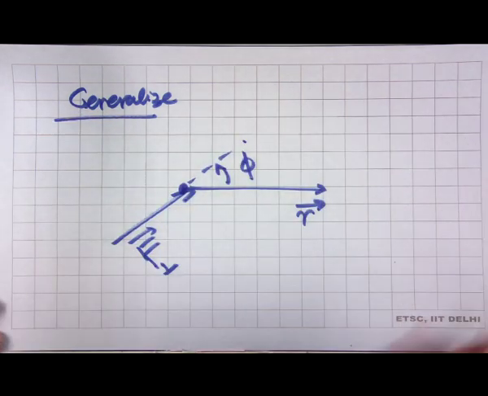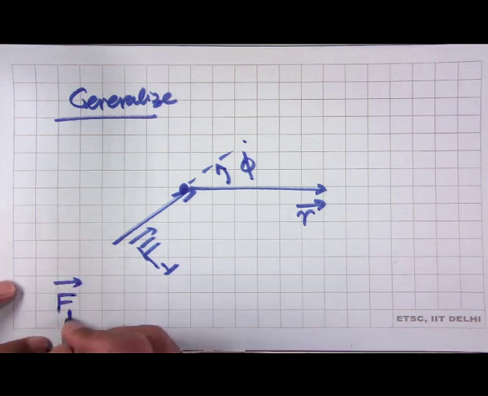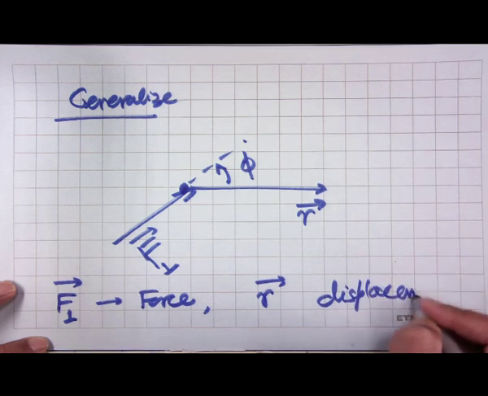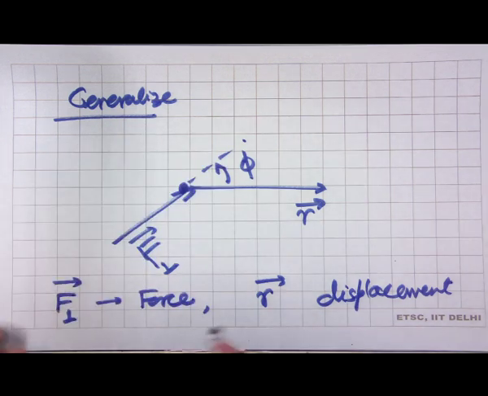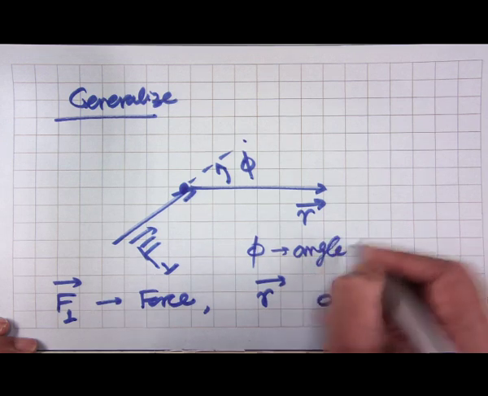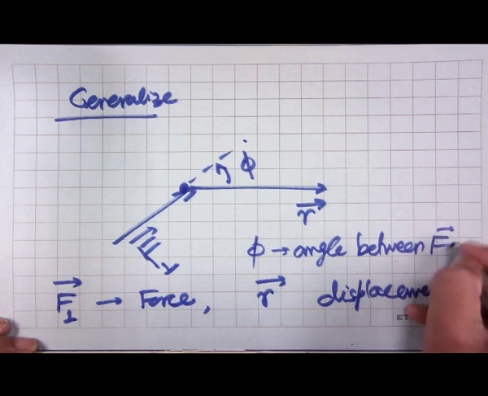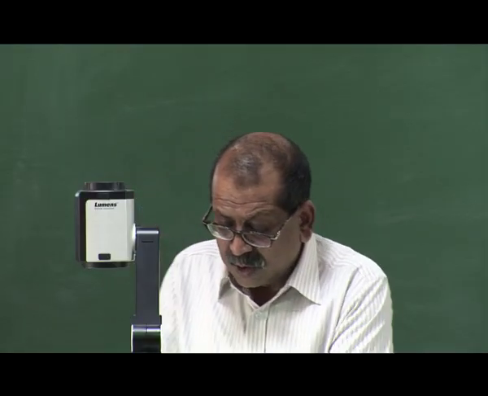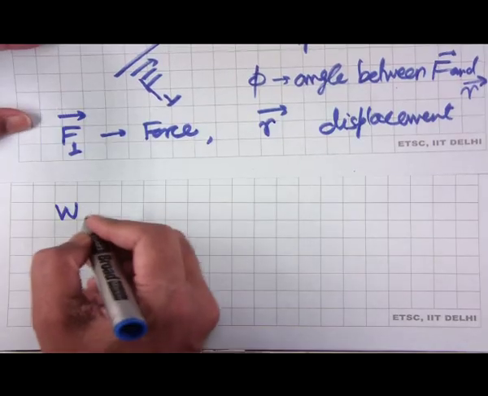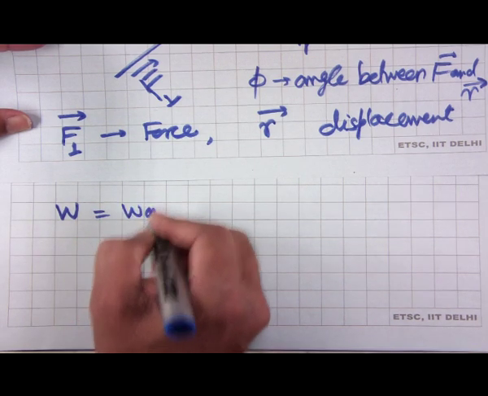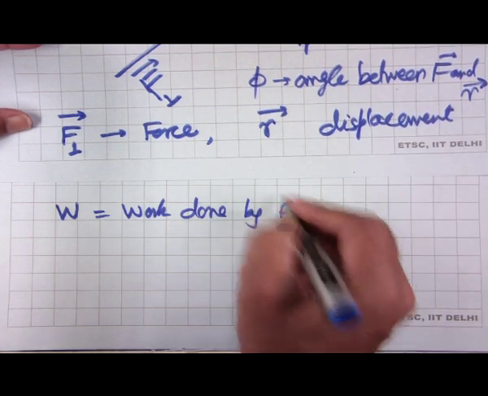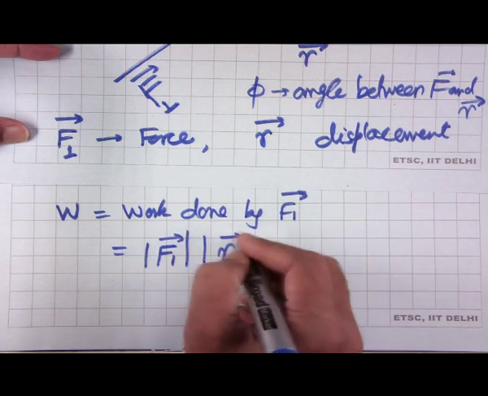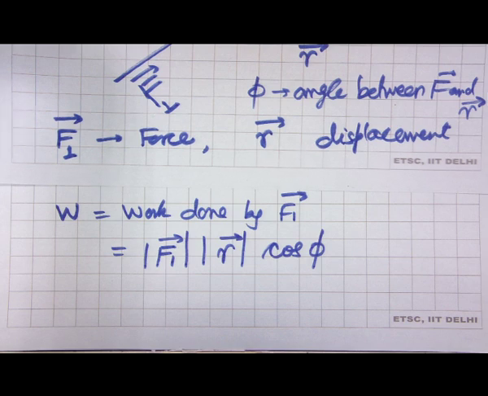So, for a general case we have three quantities: the force F or F1, the displacement R, and the angle phi between F and R. In this case, the work done W by F1 is given by magnitude of F1 times magnitude of R times cosine of phi.